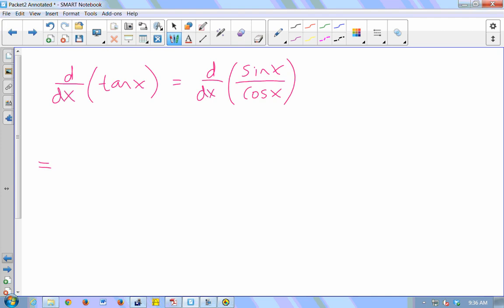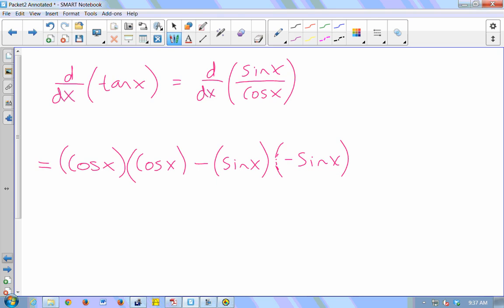The quotient rule says denominator times the derivative of the numerator, which would be what? Cosine x. The derivative of sine x is cosine x. Then minus the numerator times the derivative of the denominator. What's the derivative of cosine? Negative sine.